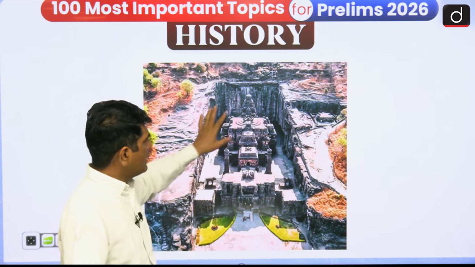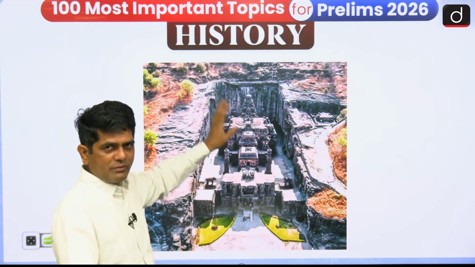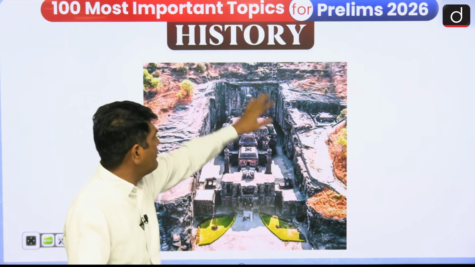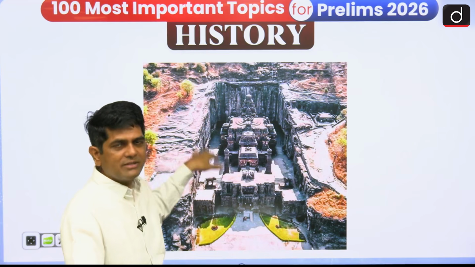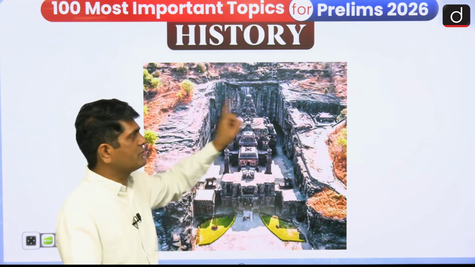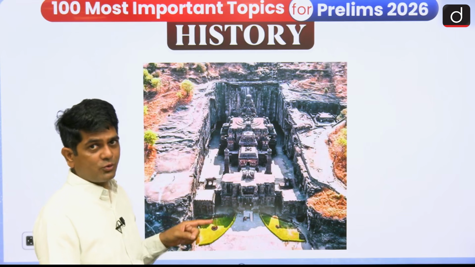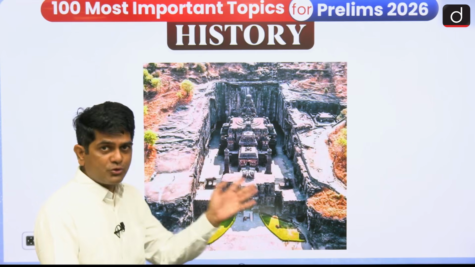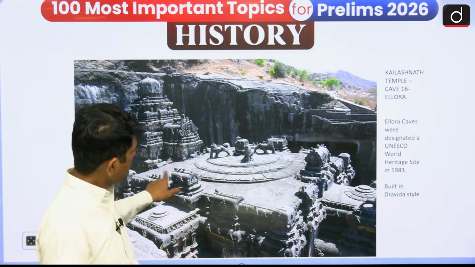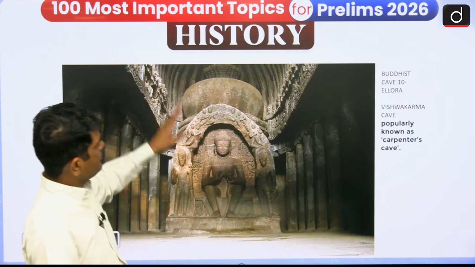This Kailasnath temple was built by cutting down a part of the hill. See the image? It was built by whom? Rashtrakuta ruler Krishna first in the post-Gupta period.